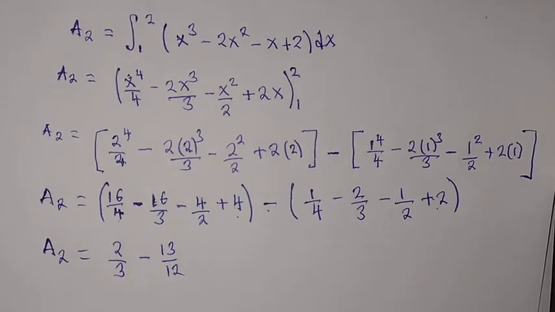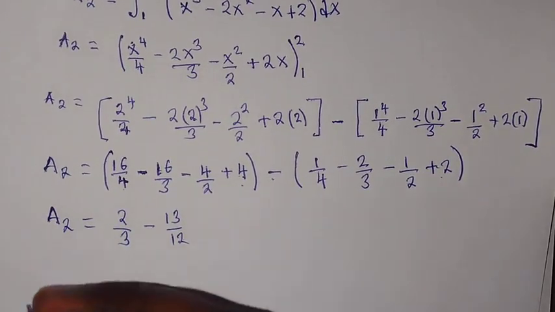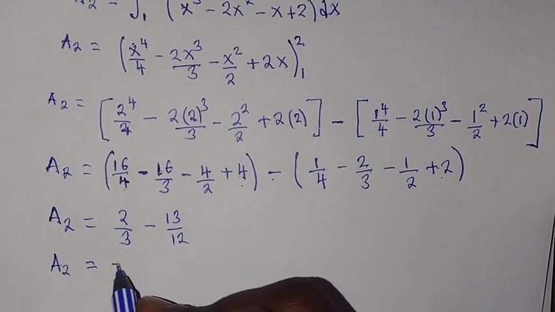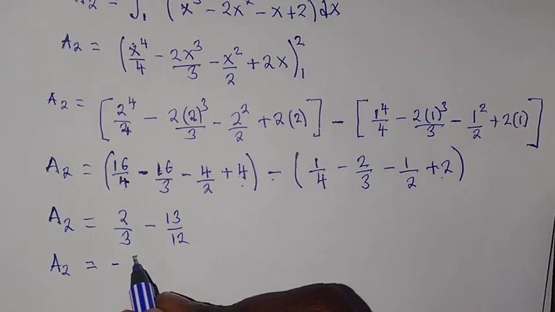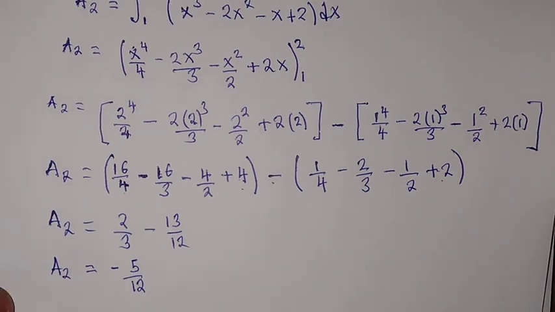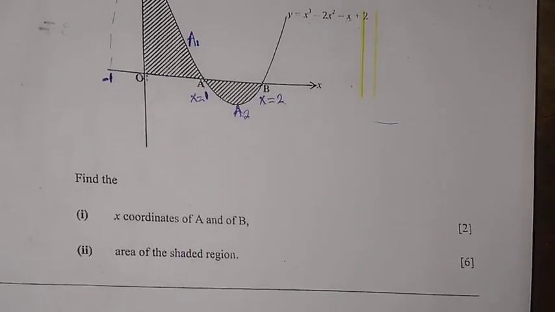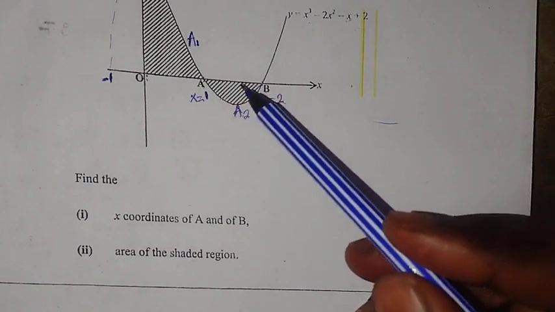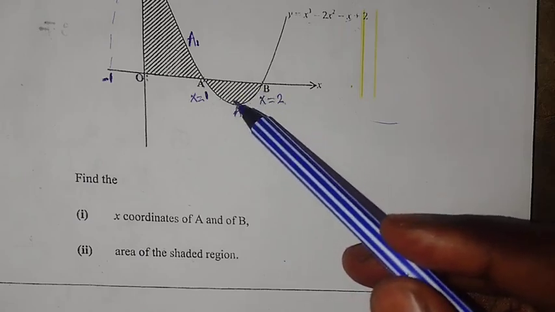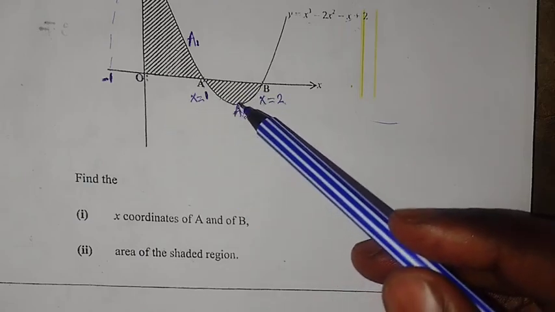So here we are going to say area 2 is equal to negative 5 over 12. Now don't leave your area with a negative sign. One of the reasons why it's giving you a negative is because you are finding this area below the x-axis right here, where the value of y will be negative.